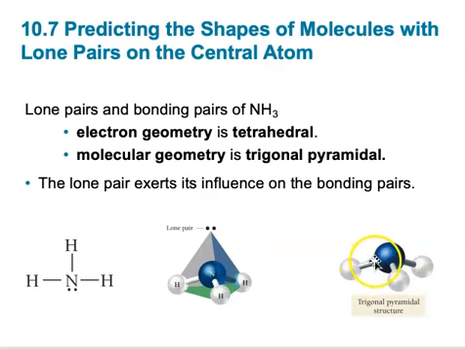The lone pair exerts its influence on the bonding pairs, but there's no atom attached to it, so you don't quite see it. The bond angles of ammonia are actually a few degrees smaller than the ideal tetrahedral angles. However, it's got that general tetrahedral shape. We're just missing an additional atom attached to the top.